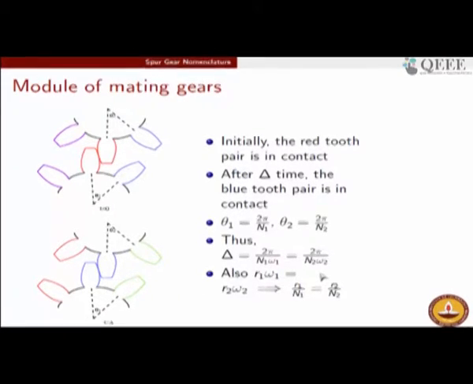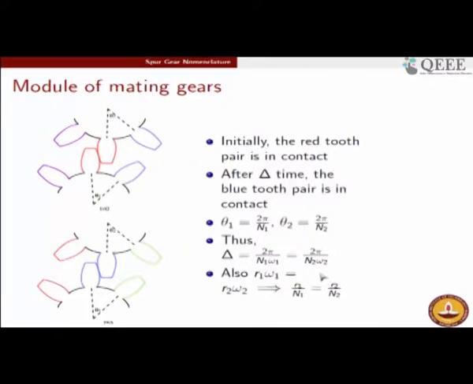What we have also figured out from the kinematic considerations, from the no slip condition, from the analogy of the friction disk, is that the rotational speed bears an inverse proportionality even with the size of the gears. So, we have also seen R1 omega 1 equals R2 omega 2. Now, what we are seeing presently is N1 omega 1 equals N2 omega 2.